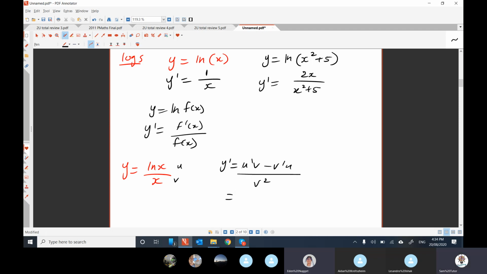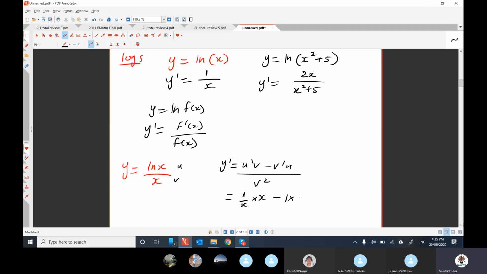Right, and then how do I differentiate ln x? So now it says u dash, so what's the derivative of ln x? Correct. 1 over x. Differentiate the inside over the inside. Times v. Minus, what's v dash? Times u. What's u?